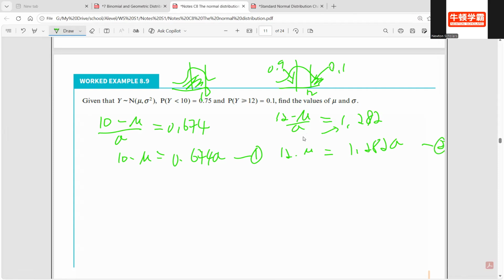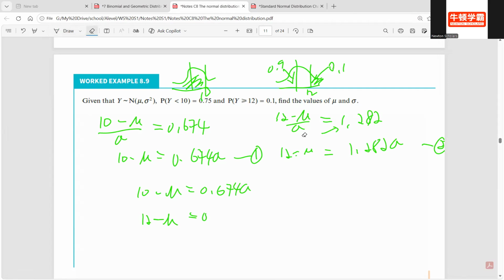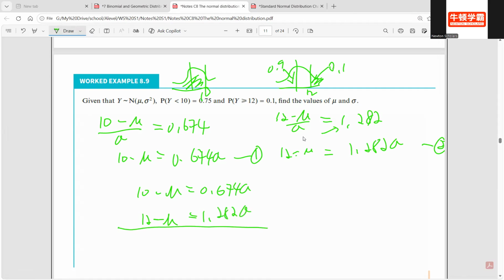Okay, this one I can do as the elimination. So 10 minus mu equal to 0.674. Then this one is 12 minus mu equal to 1.282. I use this one minus here.